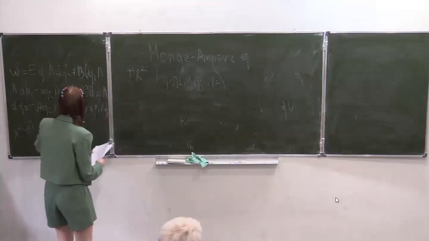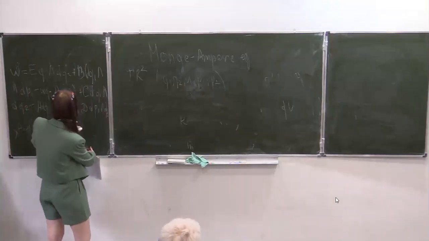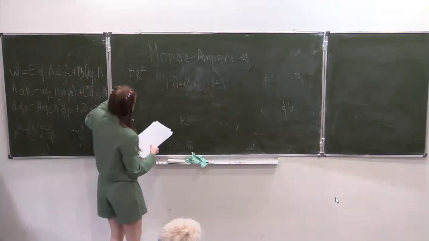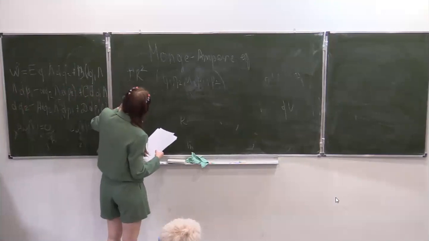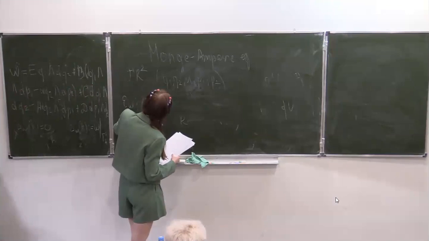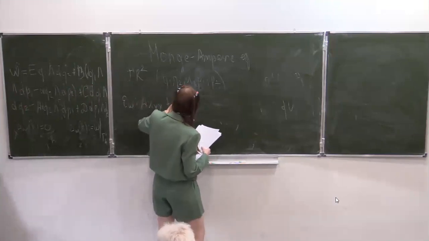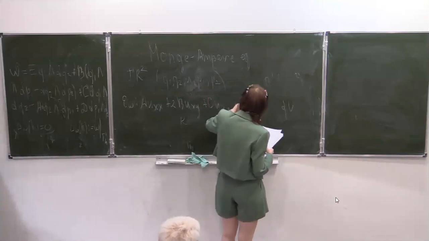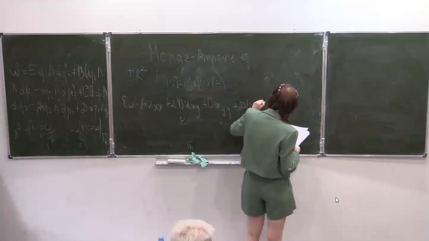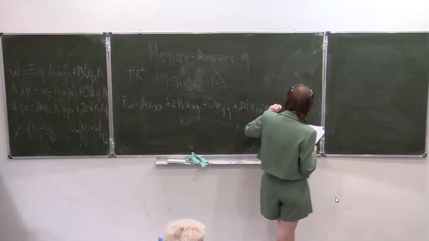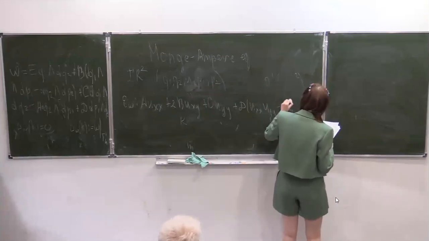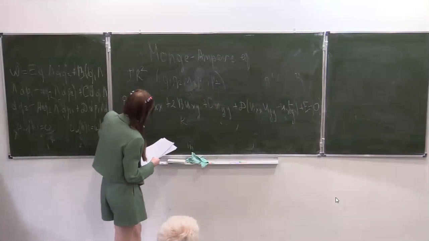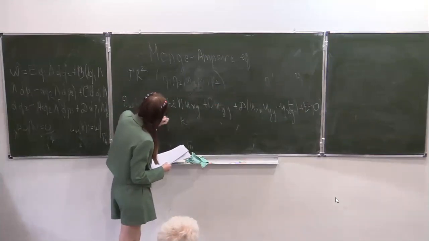It has the form delta omega, where x equals q1, y, q2.